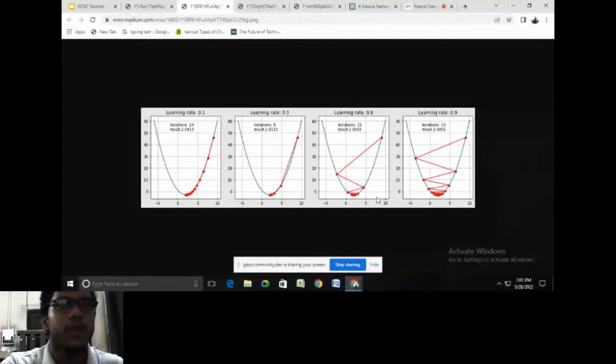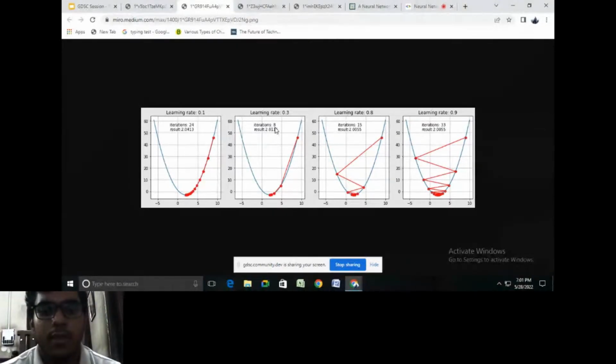In the first one, it takes 24 iterations to reach the minimum. In the second one, it takes 8 iterations. In the third case, it takes 15 iterations. And in the fourth case, it takes 33 iterations.